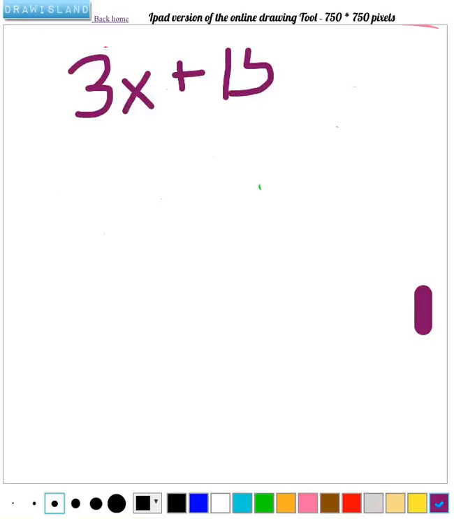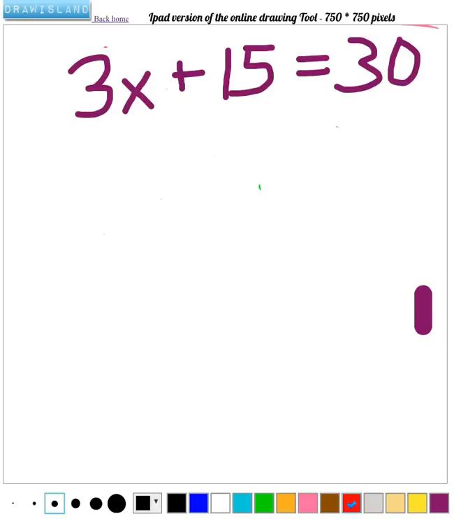Okay, it's going to be 3x plus 15 is equal to 30.